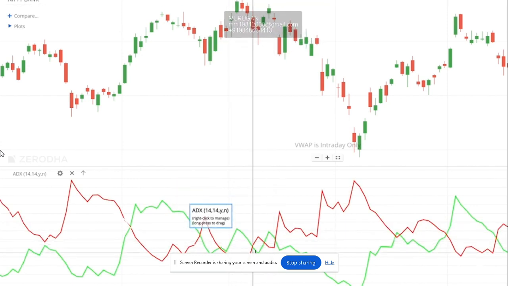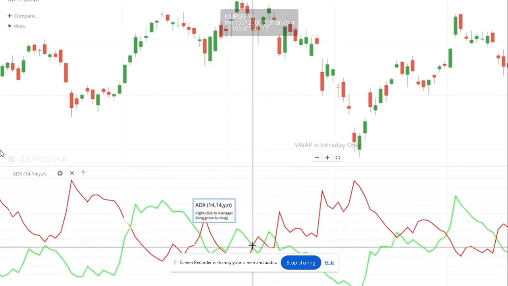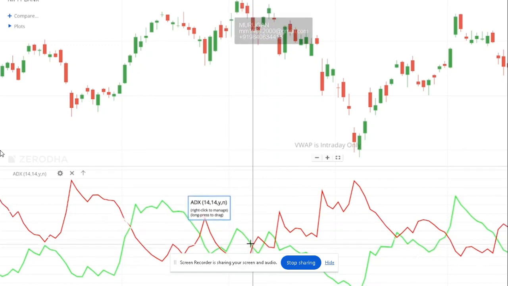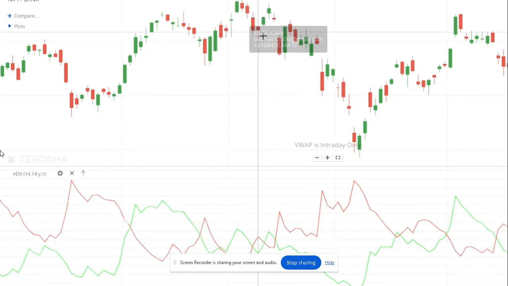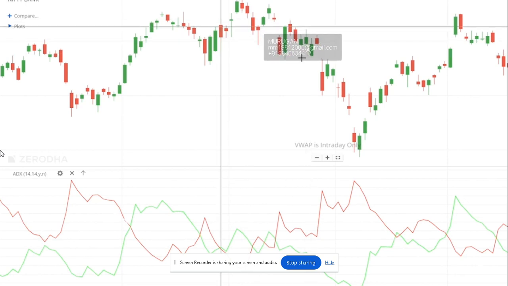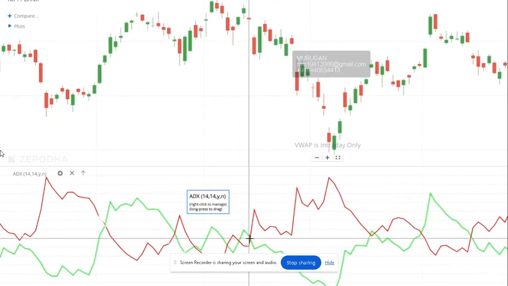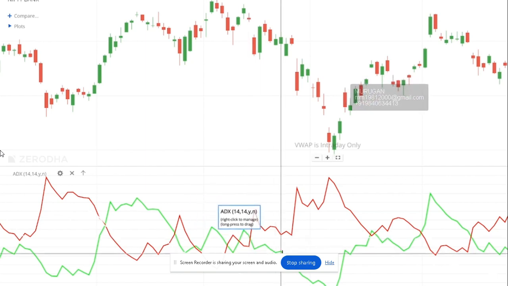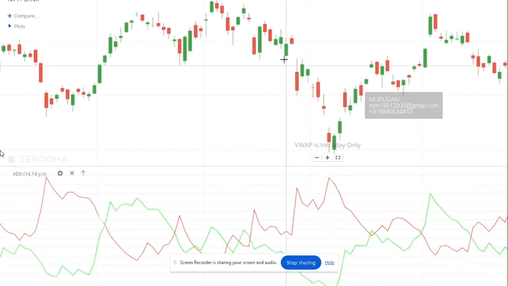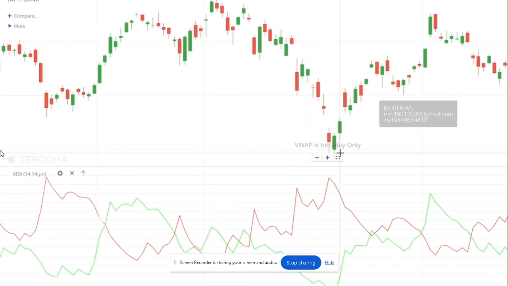But if you look here, it is also a little bit confusing. The green line came down but the market was not bearish. So it was a sideways choppy move. But look here. Here the green line came below the red line and then it continued to move, and you can see there was a huge fall from here.